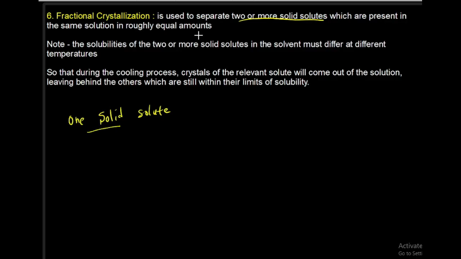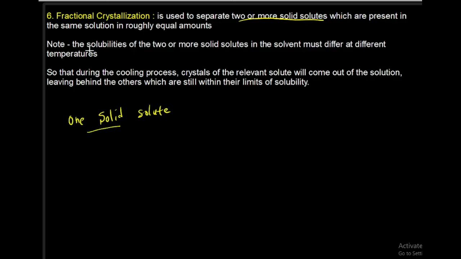Fractional crystallization involves the same method as crystallization, that's cooling a hot saturated solution. The only difference is that in fractional crystallization, we're looking at two or more solid solutes, whereas in crystallization, we're looking at just one solid solute.